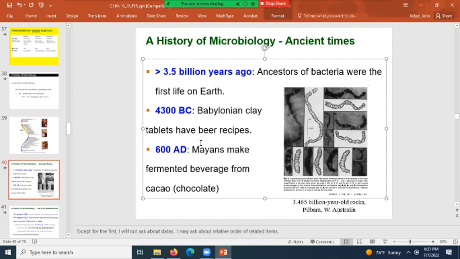Before the Mayans could make chocolate, there had to be the Babylonians writing down the use of microbes to make beer, and before that, there has to be the first fossil record of life. Any questions about any of that? As I stated, you do not need to know any other date other than this first date.